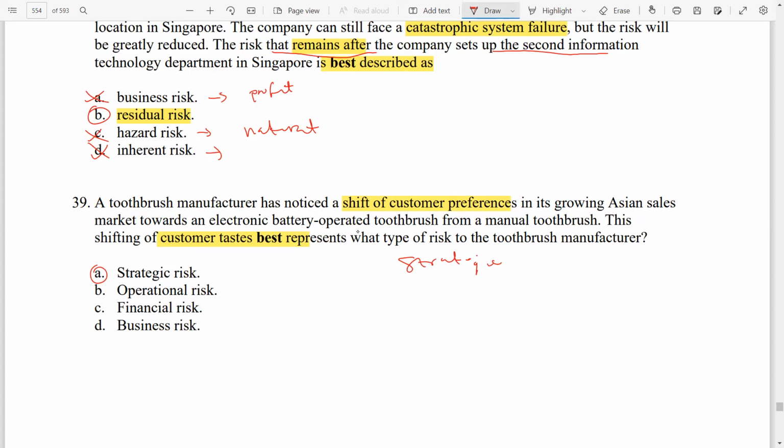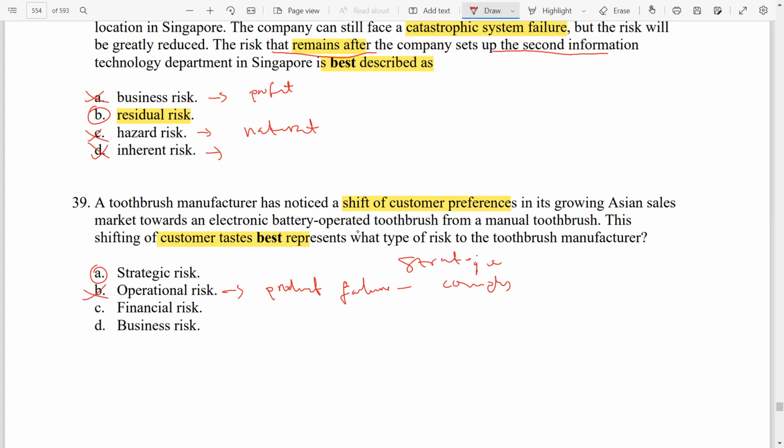But if you want to know about B, operational risk is a failure. If there is a product failure, or the failure to comply with law, that is operational.